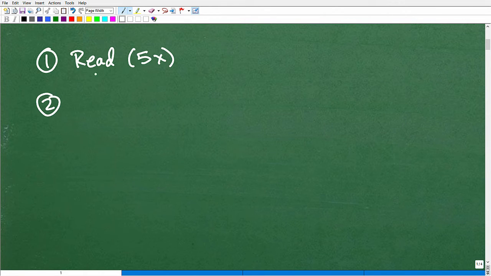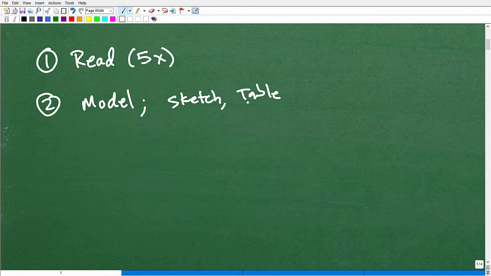The second thing is, as you're reading the problem and rereading it, you want to be looking to build a model. A model could be some sort of sketch. It could be a table. It could be anything that helps you model the information in the problem. This is important because it helps us relate the information, and oftentimes we have to use our model to help us build equations.